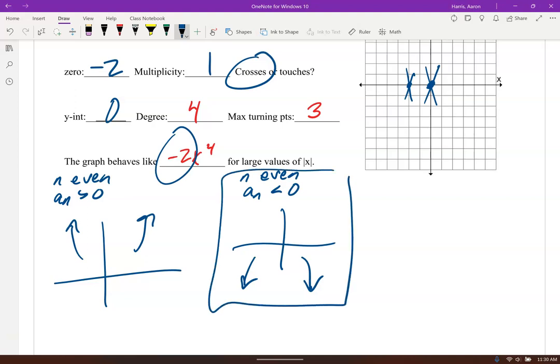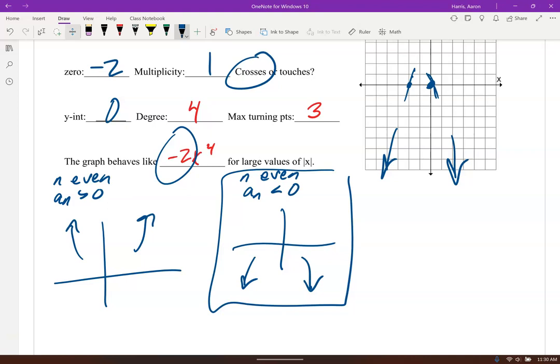So in this situation here, it's going to go down to the left and down to the right. And so then from this point, we could just plot a few points to kind of get a feel. So it's going to come up, it's going to cross through here, and eventually cross through here as well.